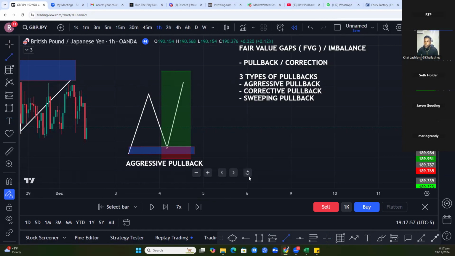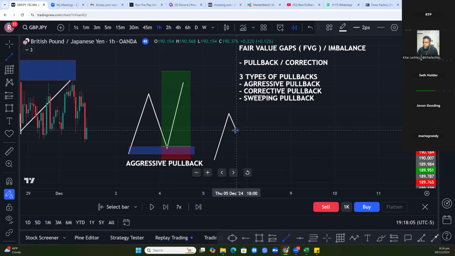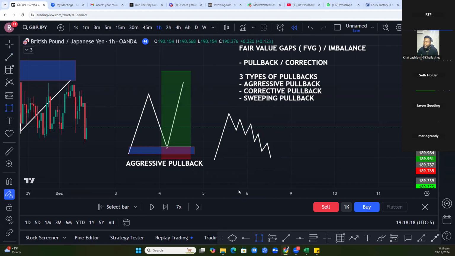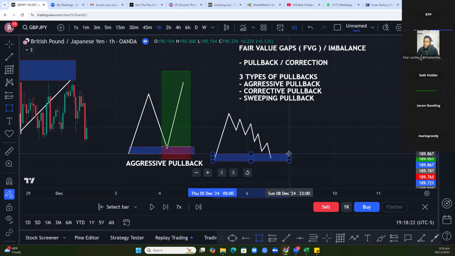Now, a corrective pullback looks like this, where the market pushes up and then you see it coming down. We're creating our lower lows and our lower highs. It's taking its time, trading back down into our imbalance and so forth.